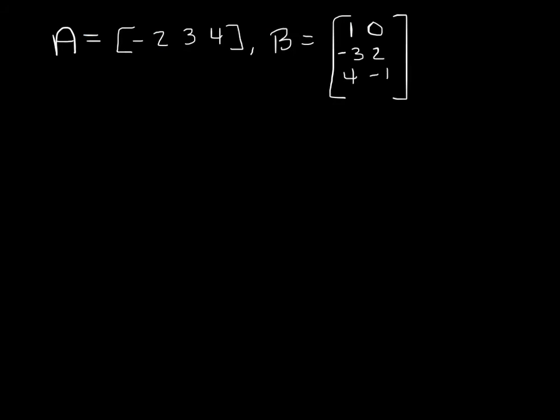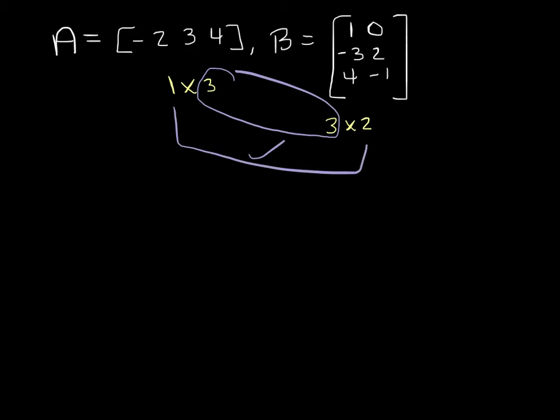So let's do this example here. First, check that it'll work. The dimensions of this are a 1 by 3, 1 row, 3 columns. The dimensions here are 3 rows, 2 columns. So these match up, so I can do the multiplication, and my answer is going to be a 1 by 2.